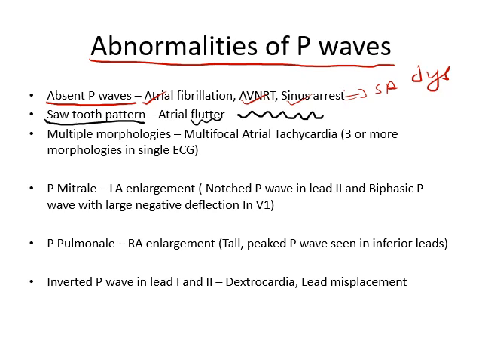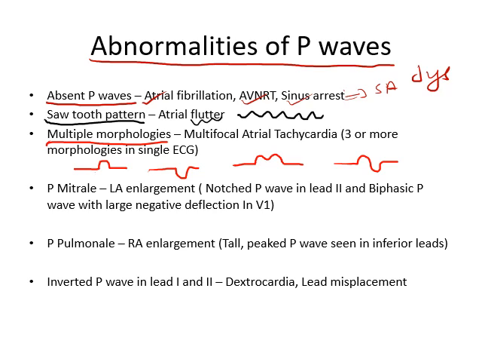Then you can see multiple morphologies of P wave in a single ECG. Like if you are looking at a lead 2 of an ECG and you see first P wave looks like this, then second P wave probably looks like this, then third P wave looks like this, and fourth P wave looks something like this. This tells us that the pacemaker is not at one place.